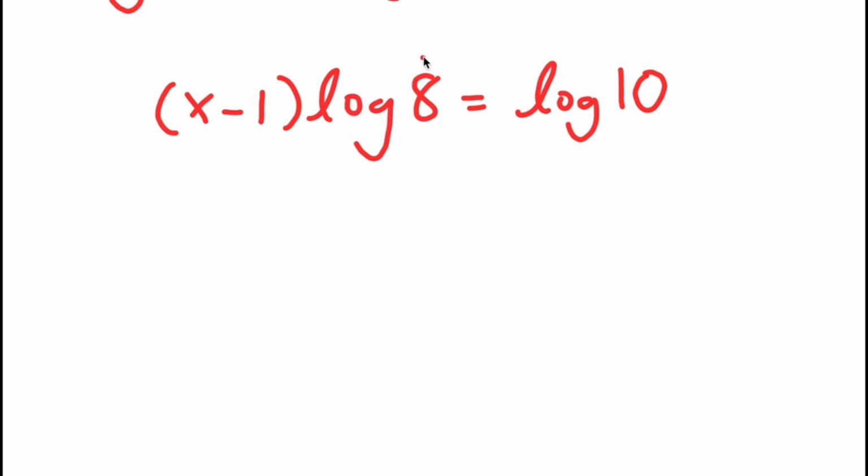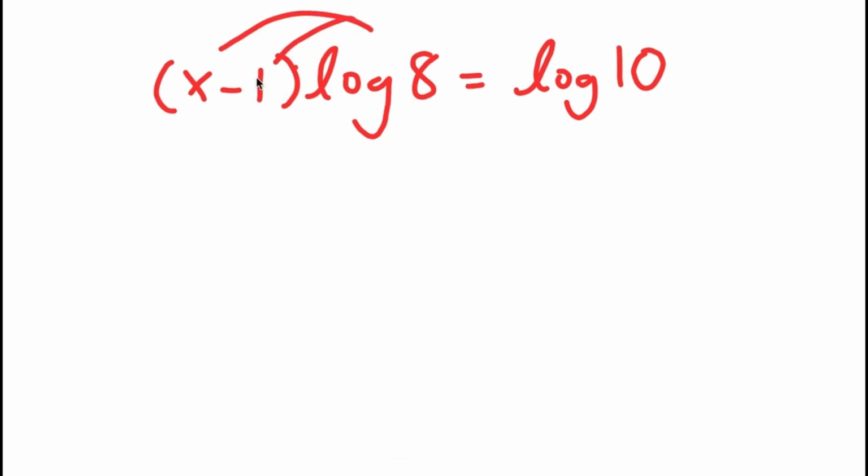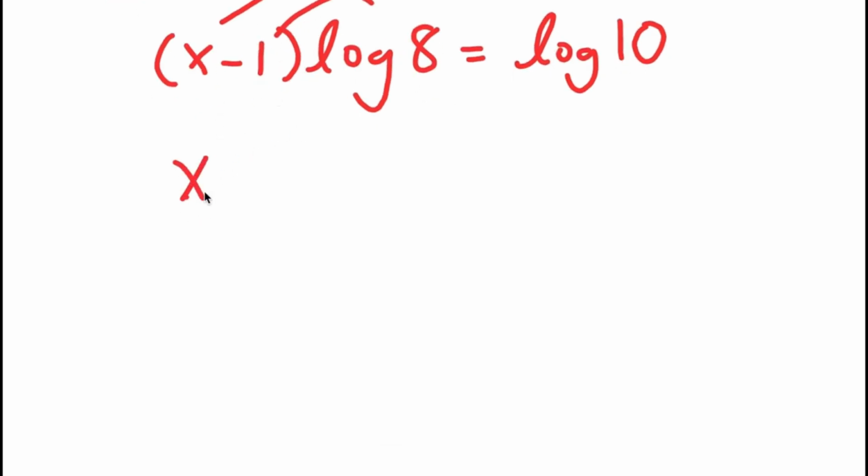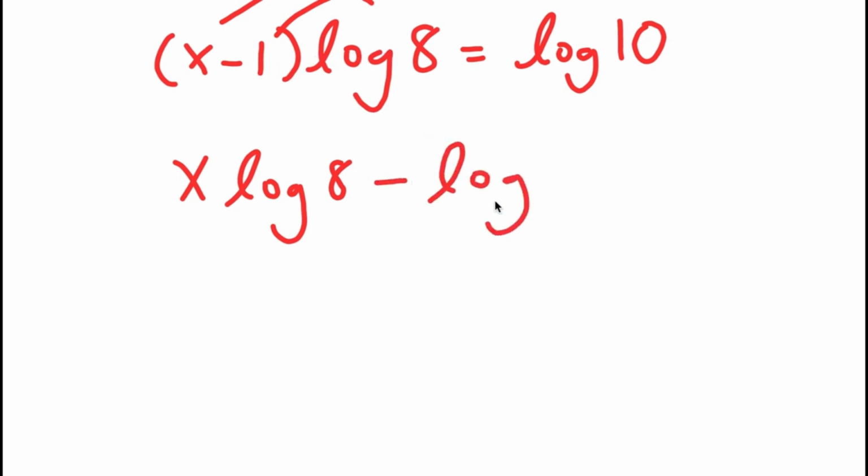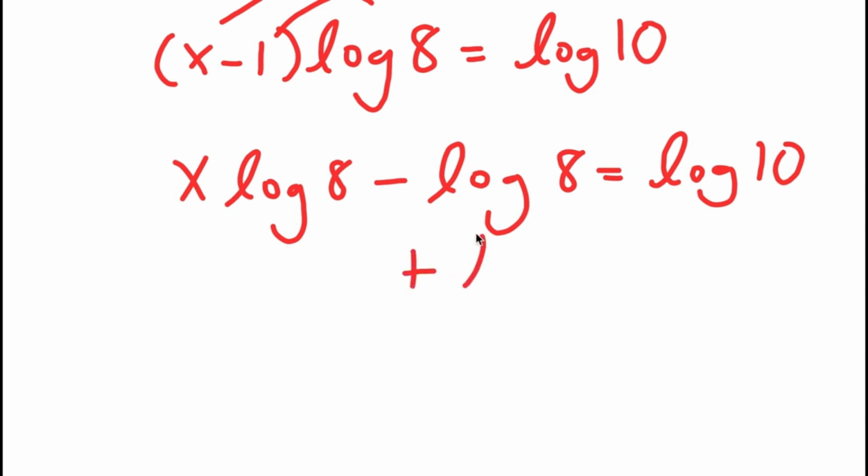So now what I'm going to do is distribute my log 8 here. So now I get x times log 8 minus 1 times log 8, which is just log 8, is equal to log 10. And now I'm going to add log 8 on both sides.